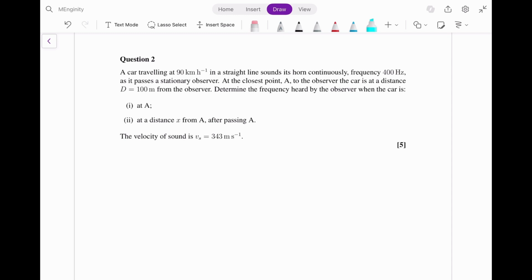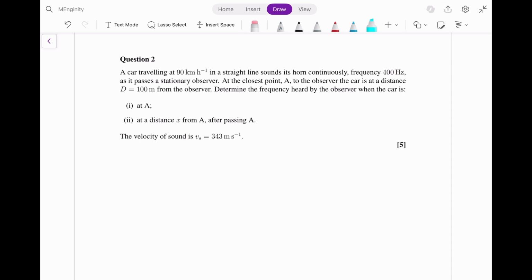Determine the frequency heard by the observer when the car is at A and at a distance x from A after passing A. Okay, so it gave us the speed of the wave source, right? And then also the frequency and the distance to the wave source.